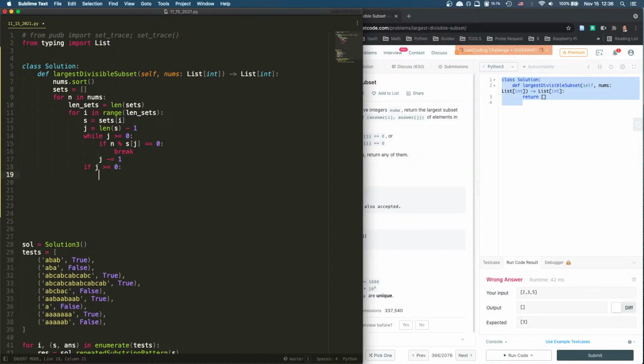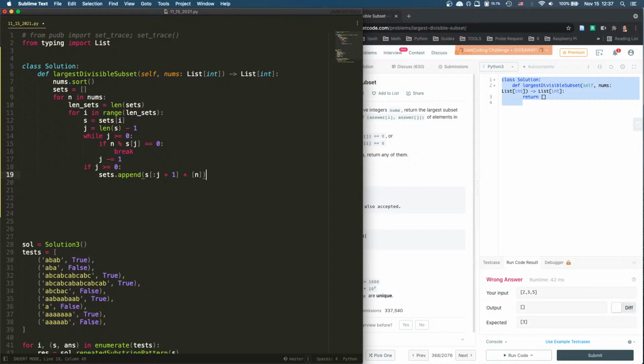If we find something that does divide, then we can say sets.append, and append what? s up to j plus 1, so we include that value, plus n. That's the new set.